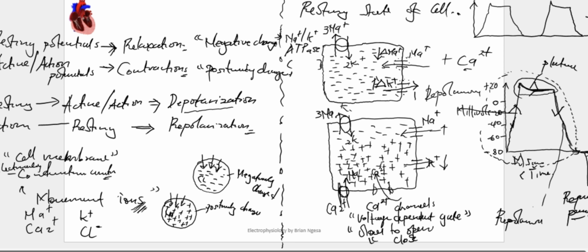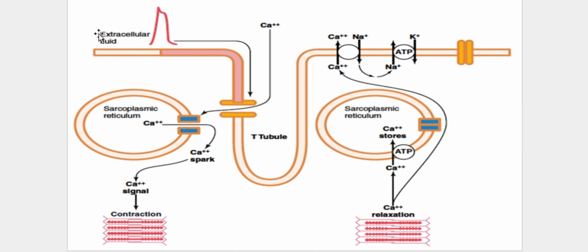So back to our cardiac cell. In summary, this represents an action potential, or rather a wave of depolarization. When there are changes in the cells that favor depolarization, meaning sodium is entering and we are limiting the exit of potassium, it will be represented like this.